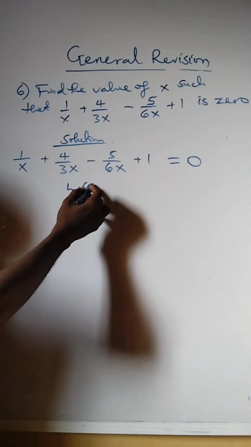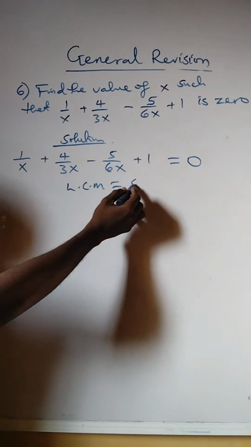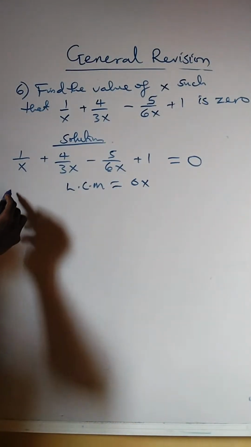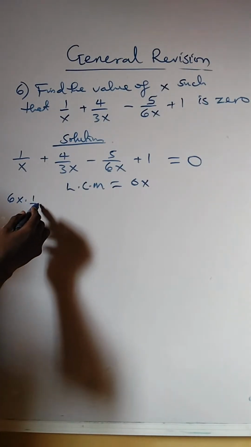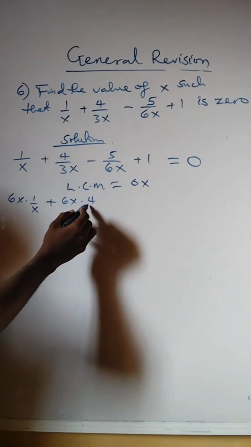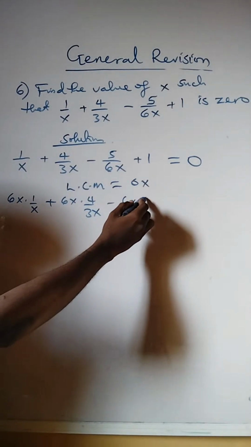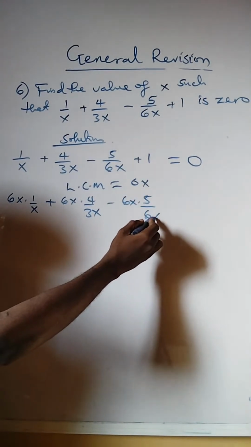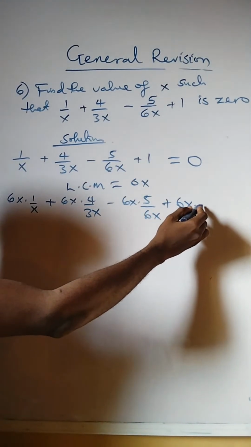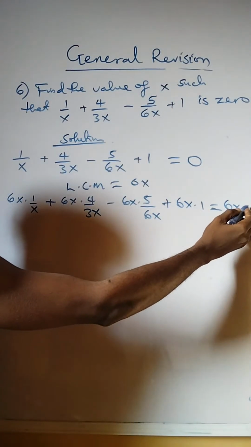The LCM here is 6x. So we have 6x times 1 over x plus 6x times 4 over 3x minus 6x times 5 over 6x plus 6x times 1 equals 6x times 0.